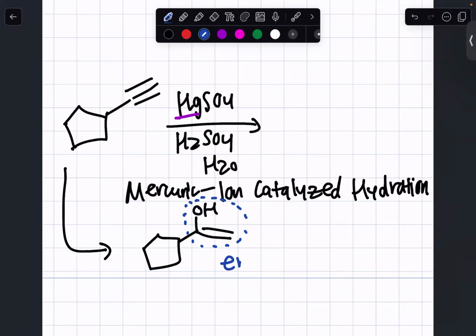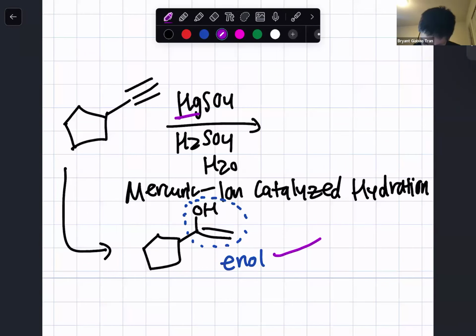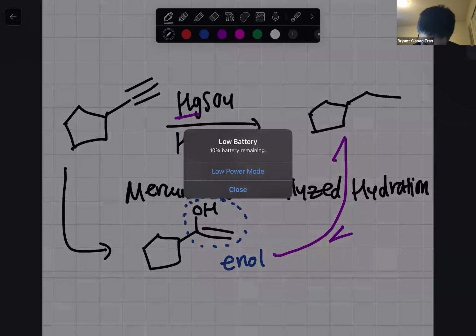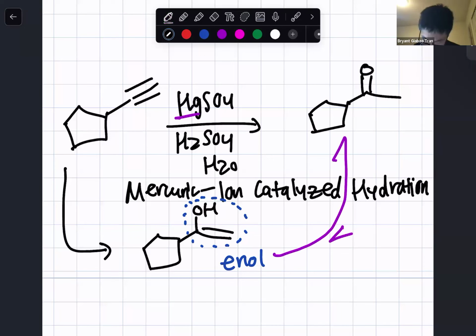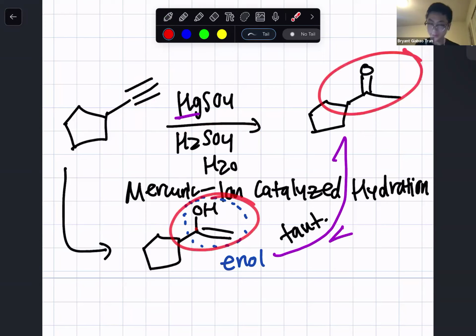An enol. That doesn't stop there. It will tautomerize into the carbonyl here, right? So this is a reaction with H2SO4 with an alkyne. It creates an alcohol on the more substituted side, and then the enol tautomerizes to the carbonyl.